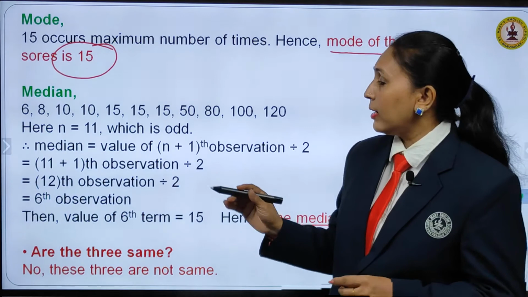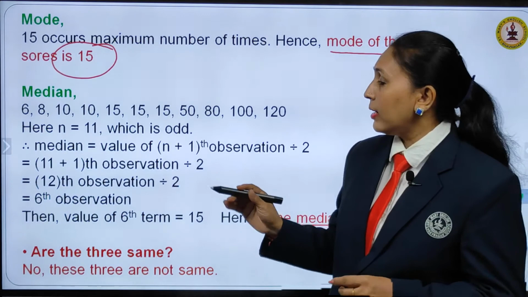The fourth one: the data 6, 4, 3, 8, 9, 12, 13, 19 has mean 9. Children, the mean of this data is given to us as 9. But we cannot answer it randomly. For that we need to do the calculation. So let us find the mean of the data. That is the sum of all the given observations divided by the number of observations.